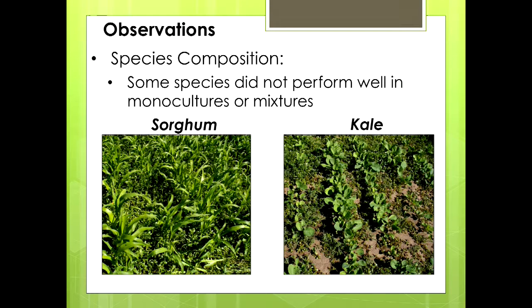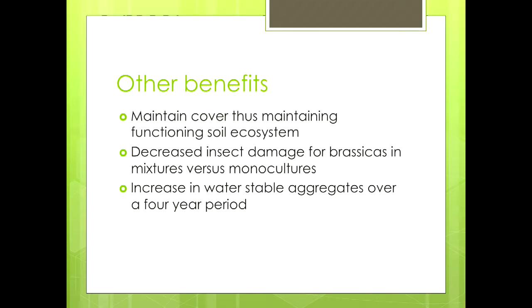Species compositions, like I said, our kale and our sorghum just didn't perform. They just failed to really produce anything. Quite often, by the end, we were getting 3 or 4 plants per plot. The other benefits we observed were that they maintain cover, thus maintaining a functioning soil ecosystem, especially in those dry years when the soil starts to bake out.